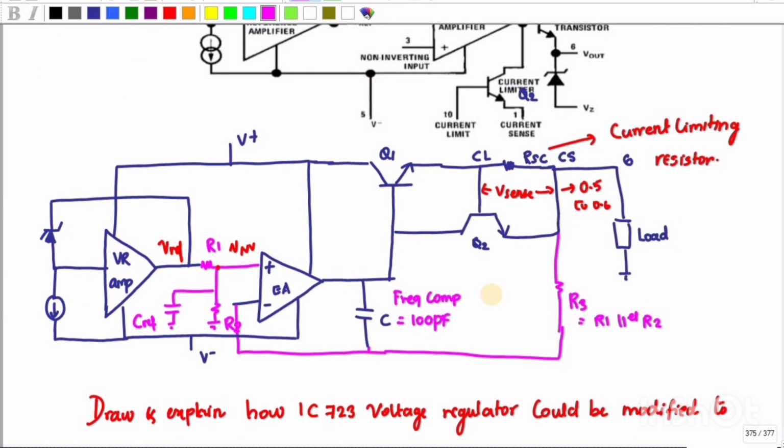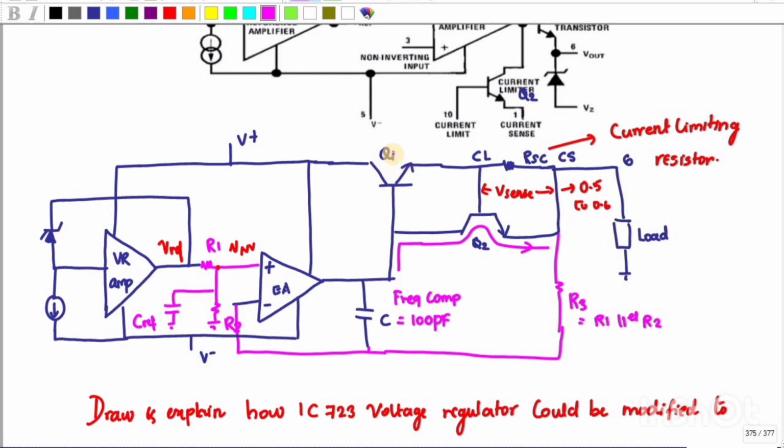So if Q2 is on, whatever the current that flows here will flow through this path, right? So instead of going to the base of the Q1 transistor, the entire current will flow through the Q2 transistor, which will make my Q1 transistor off.